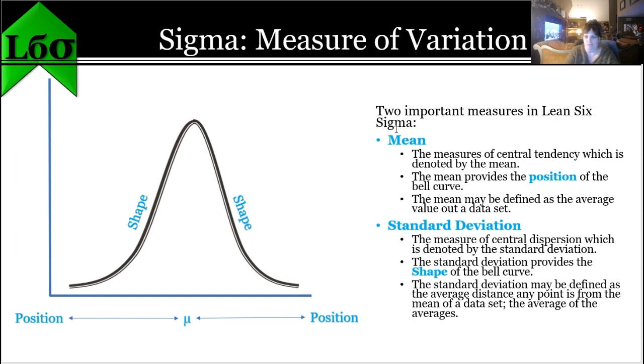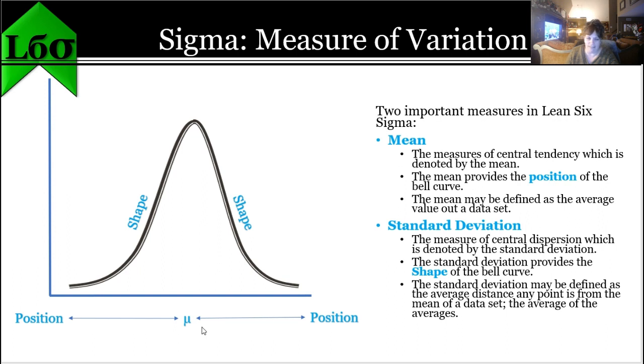So two important measures in Lean Six Sigma are the mean and the standard deviation. The mean is the measure of central tendency, and the mean provides the position. The position is critical, because it's going to be the biggest factor in the type of statistics that you do, whether non-parametric or parametric.